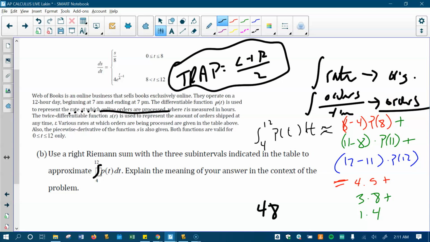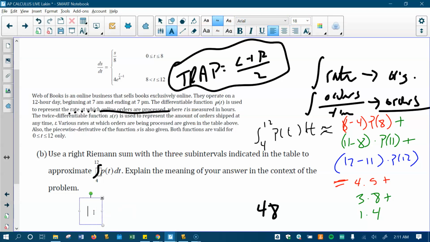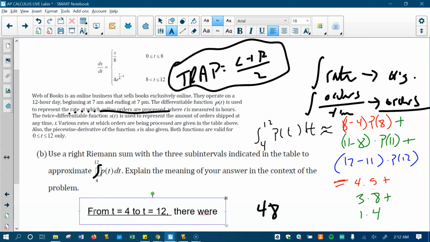So what we calculated then is, and this is very specific language, so I'm going to underline this, from t equals 4 to t equals 12, there were 48 online orders processed.